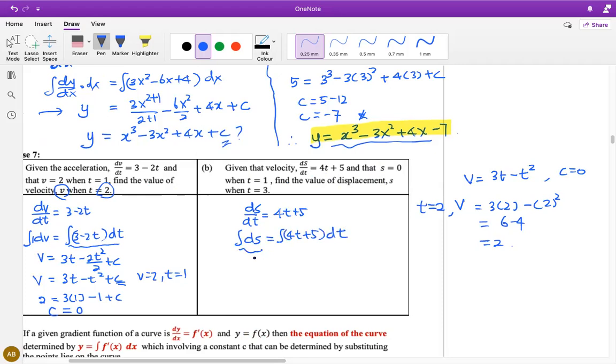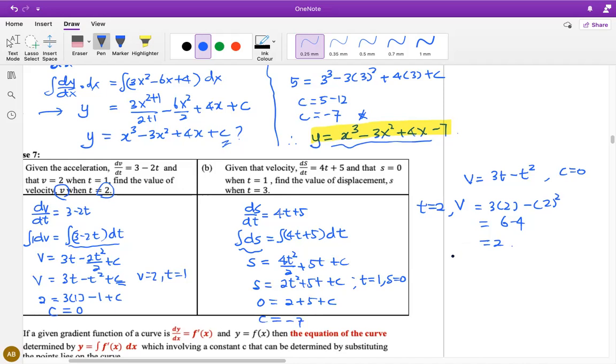So when you integrate this, you always get s. Then this one you get 4t squared over 2 plus 5t plus c. Therefore, your s is 2t squared plus 5t plus c. So when t is 1, s is 0. Therefore, 0 equals 2 plus 5 plus c. Hence, c is negative 7.